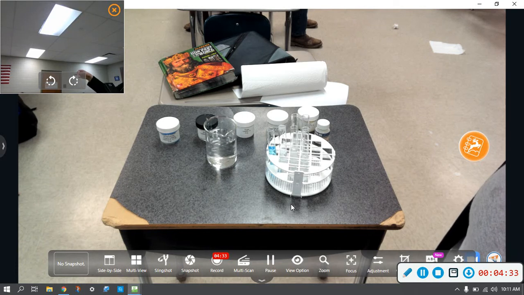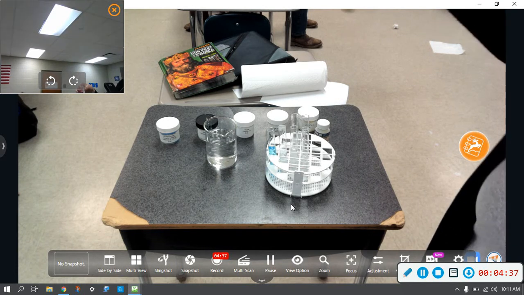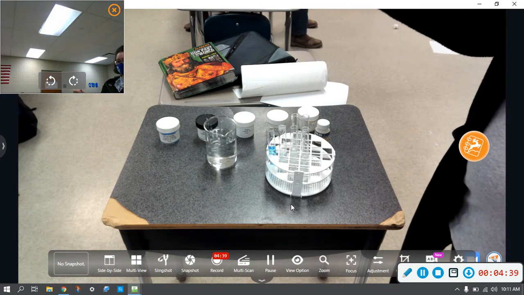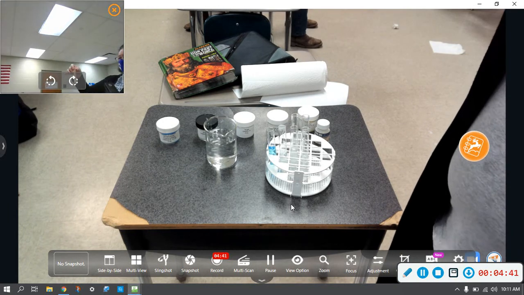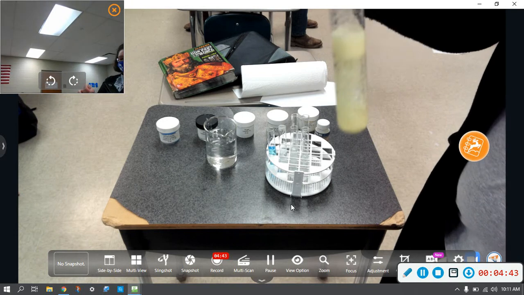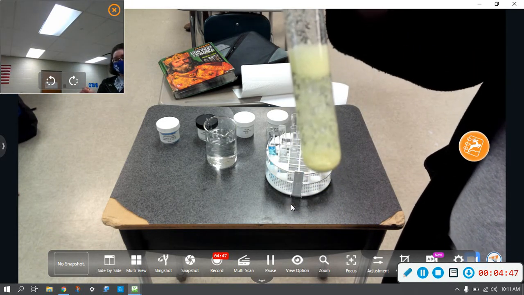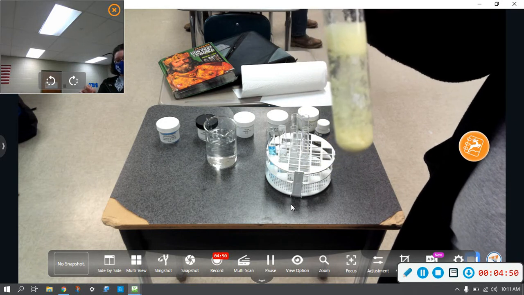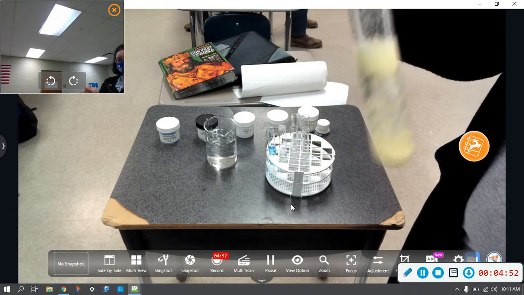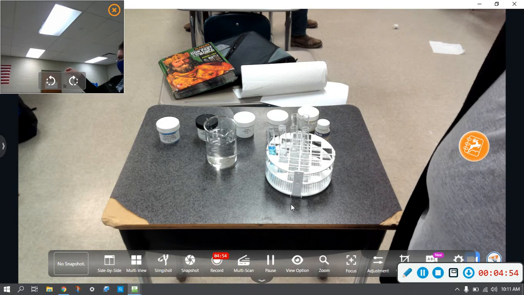Well, you've kind of got some particles floating around in the liquid. It looks kind of yellowish, but no, it's not dissolving. If you look closely, you can see the particles are actually falling back down to the bottom of the test tube. And then you'll be left with the water at the top. Can y'all see that?